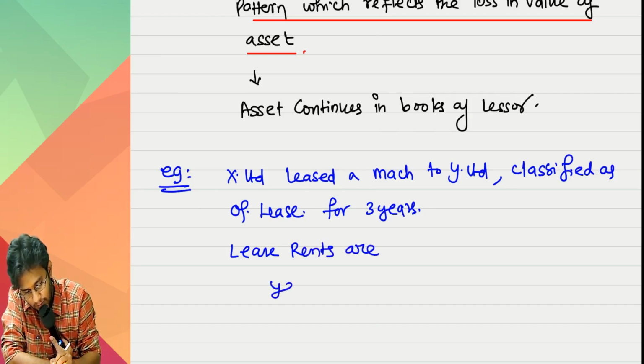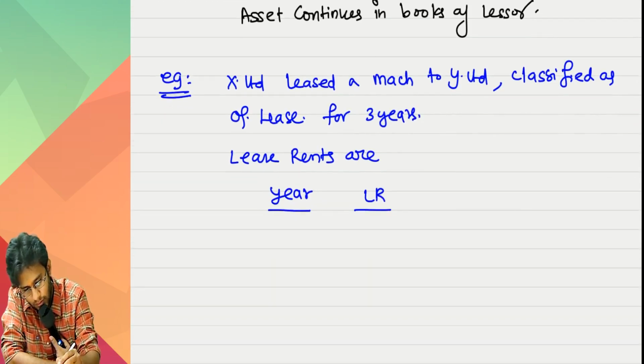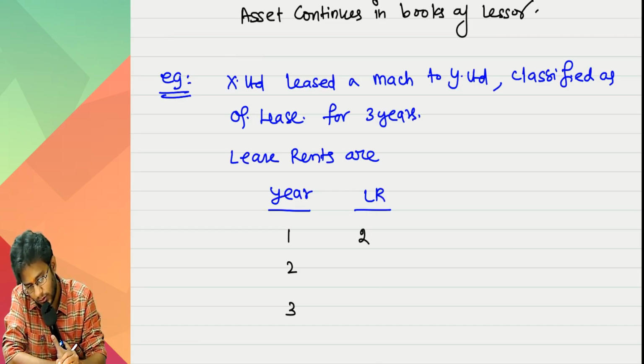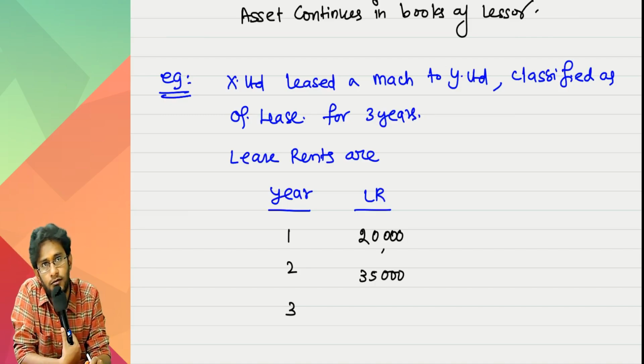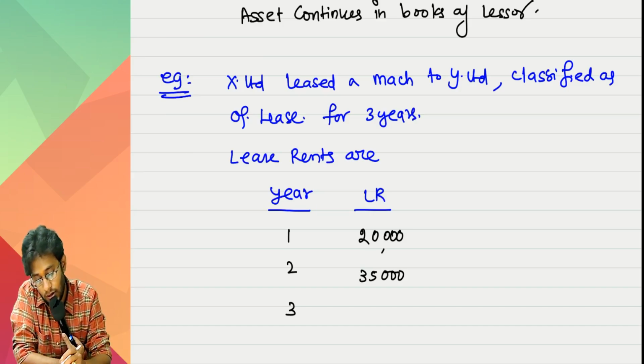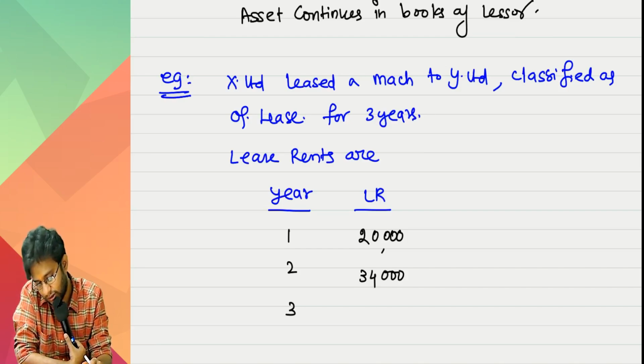Lease rents are, tell me some numbers randomly. 20,000, 35,000. 20 plus 35 is how much? 55. Not good, not good. 30. This is also not good. 34. Now tell me, sir. 75,000 minus 54,000. 19, huh?